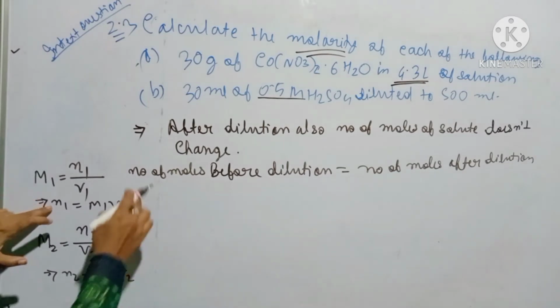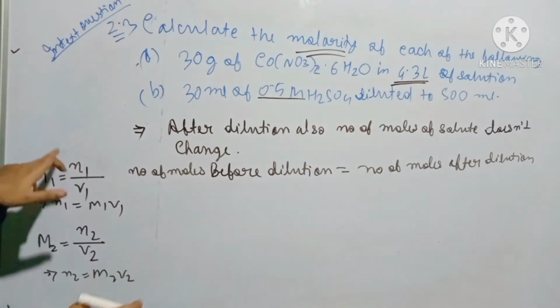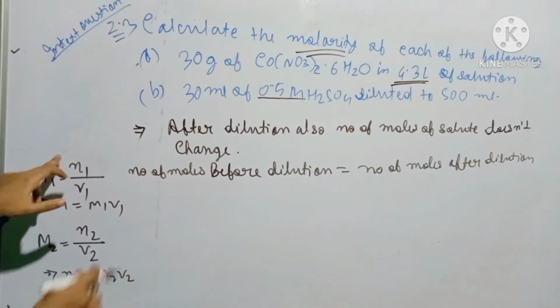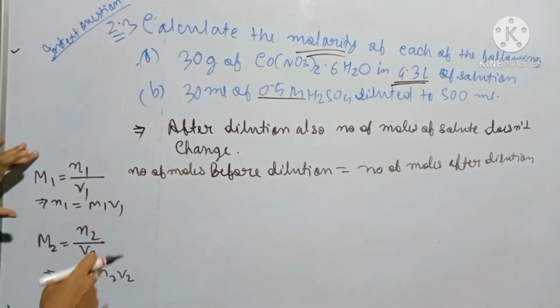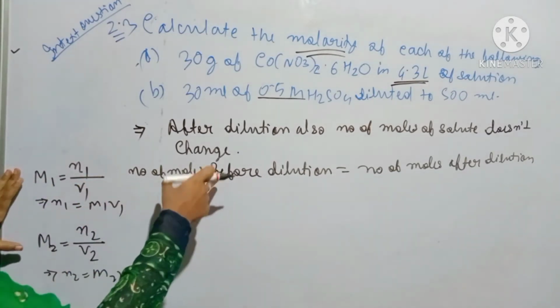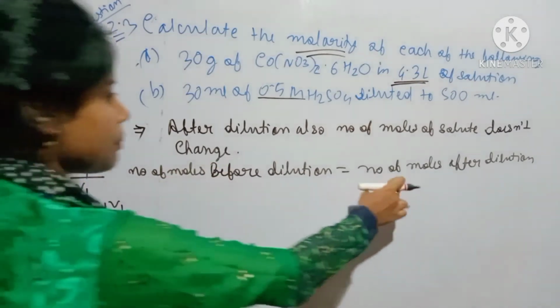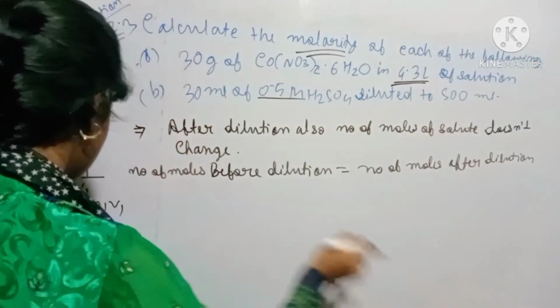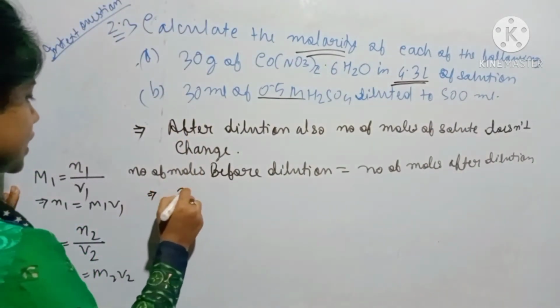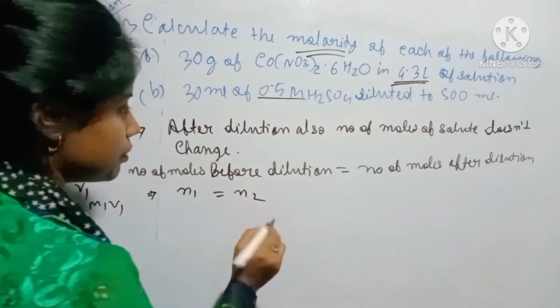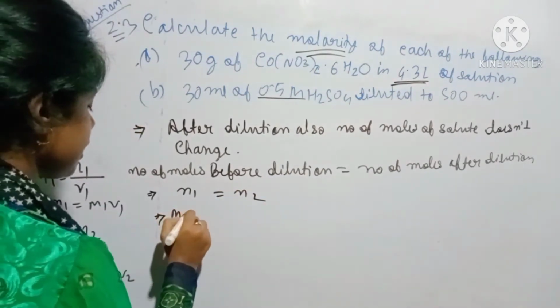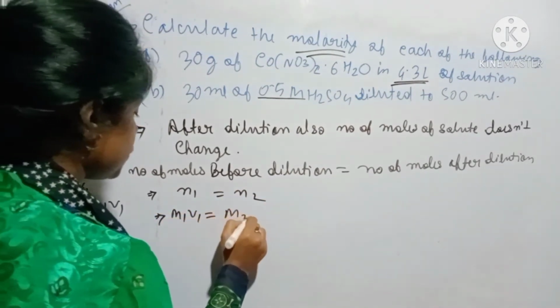N denotes number of moles, V denotes volume, and M denotes molarity. Number of moles before dilution equals number of moles after dilution, so N1 equals N2. That means we can write M1 V1 equals M2 V2.